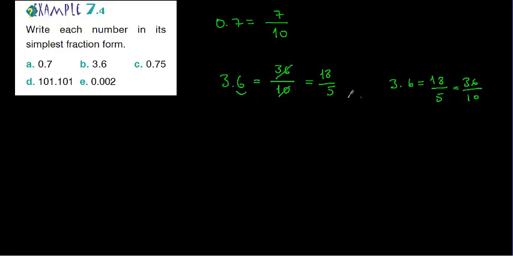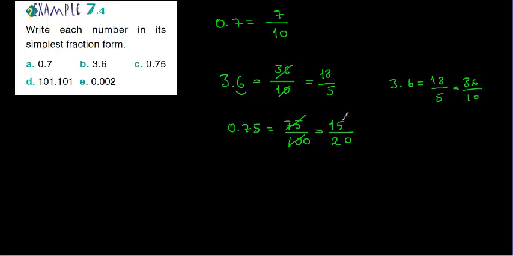Both are possible. And the third one is 0.75, which I write without the decimal point, writing just the numbers. 75 over 100 it's going to be. Then I may simplify both of them by 5. If I divide them by 5, this is going to be equal to 15, and this is going to be equal to 20.